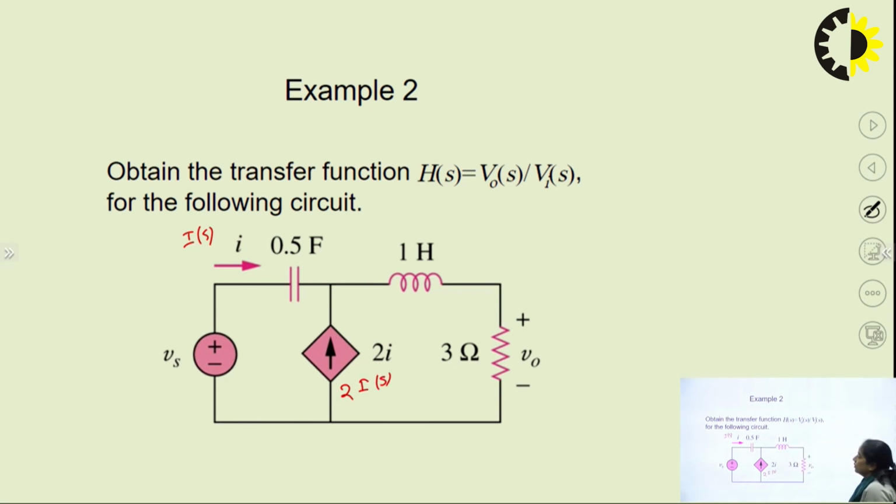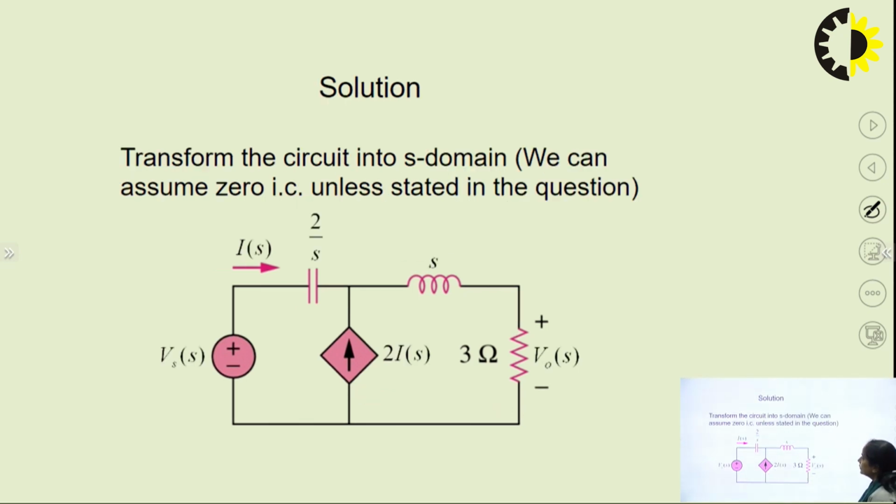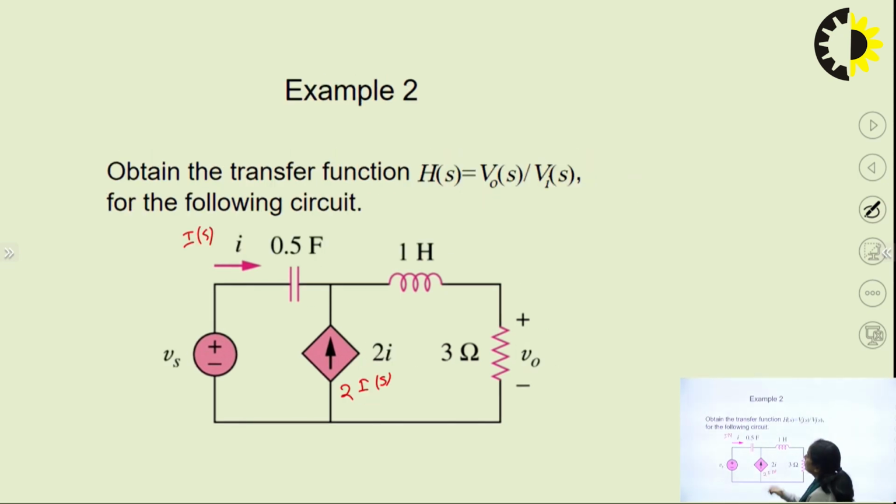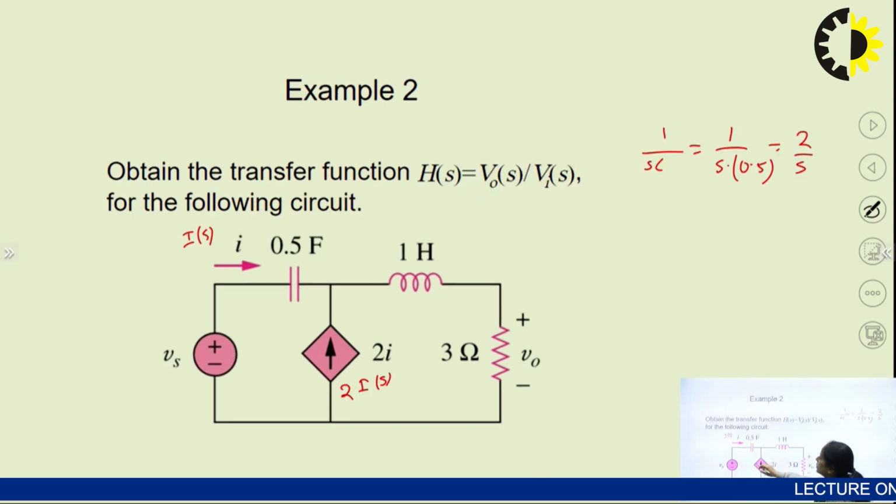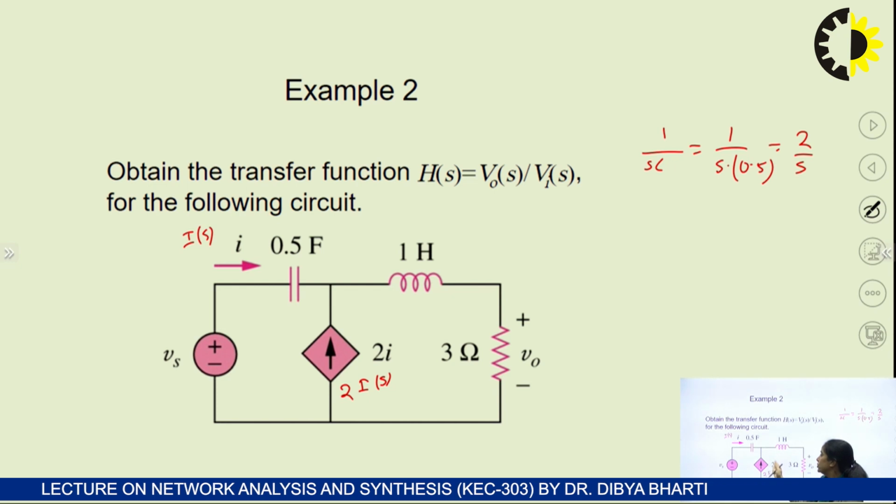So simple. See here, the circuit has been transformed. This 1 by S into C: in place of C, if we write 1 by S into 0.5, that means 2 by S. Since we had written the Laplace transform of this current as Is, it is 2 into Is.